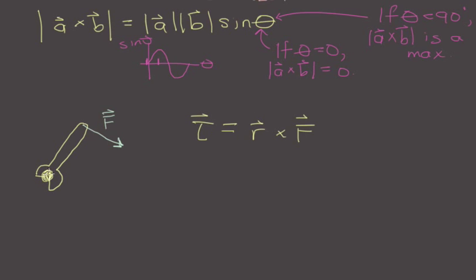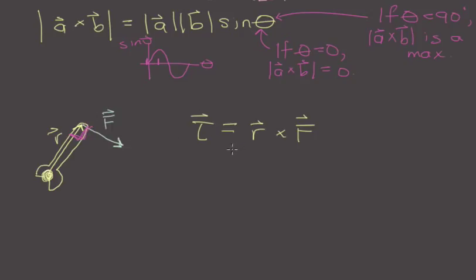Vector r is going to start at the axis of rotation, right here at this thing that we're turning, and it's going to end where the force is applied. And so here is my vector r. Vector r runs the length of the wrench because our force is being applied at the very end of the wrench. And so now we notice we have a 90-degree angle between the force and the vector r.